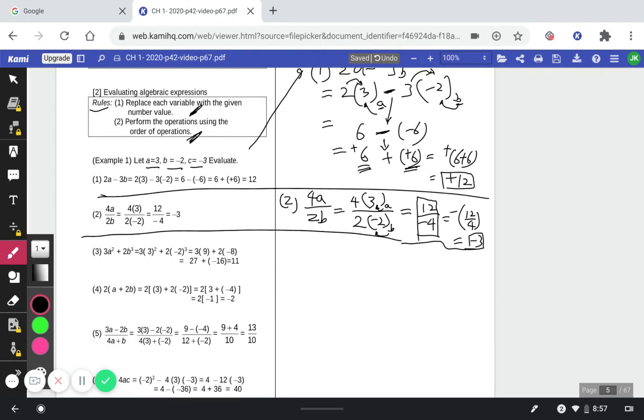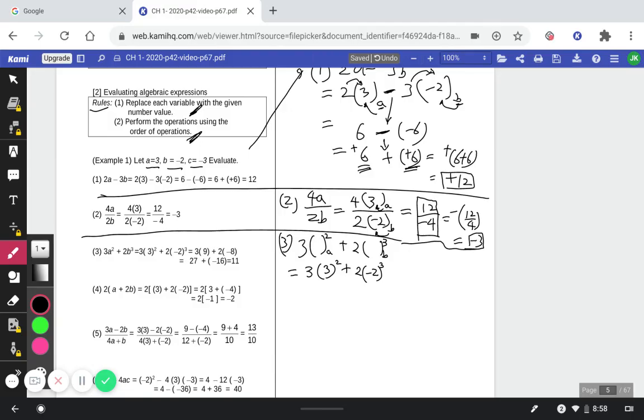Example 3 was 3 times a plus 2 times b cubed, which means you multiply it by itself 3 times. Then it becomes 3 times 3. Oh, it was squared, sorry about that. 3 squared plus 2 times -2 to the third power.